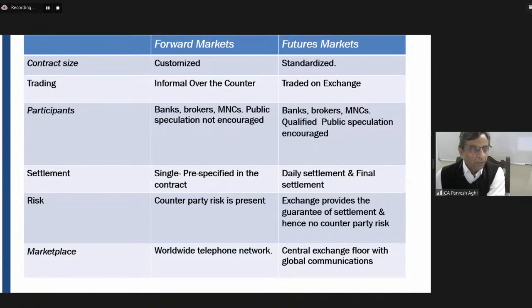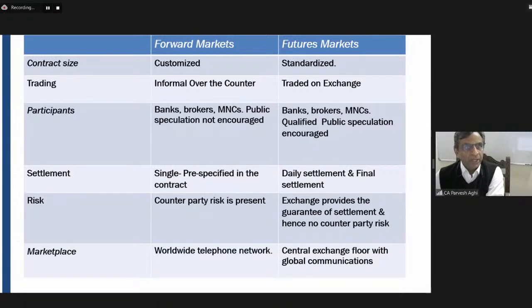Okay. Counterparty risk is present in the forward market because one party can always back out, okay, and you have to take legal recourse, go to the court for settlement. But in the case of futures, the exchange provides a guarantee of settlement and hence no counterparty risk, because the mechanism is such that there is daily settlement, final settlement, margins.